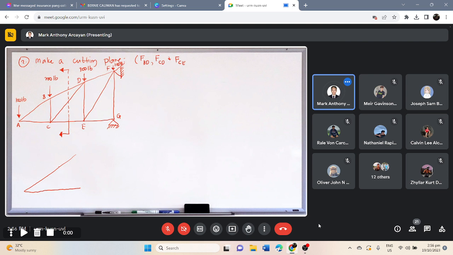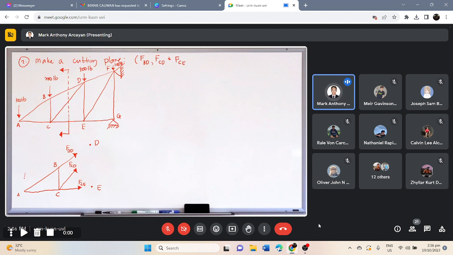Okay, that works. So this is pin A, C, B, then here D, here E. Here the force BD comes out, then force CD, then force CE.